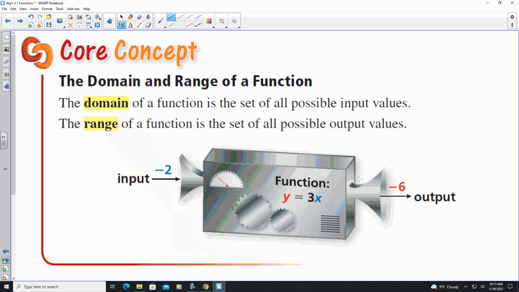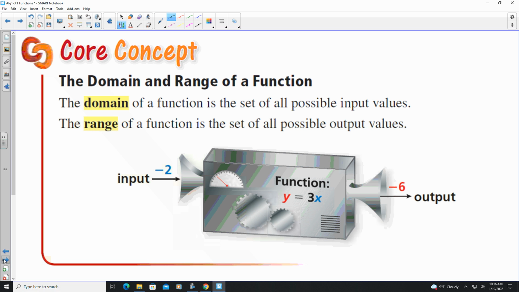A couple of terms that we're going to be asked to define or represent, not only in this lesson but in future lessons as we move forward, is being able to establish what the domain and range is of a function.